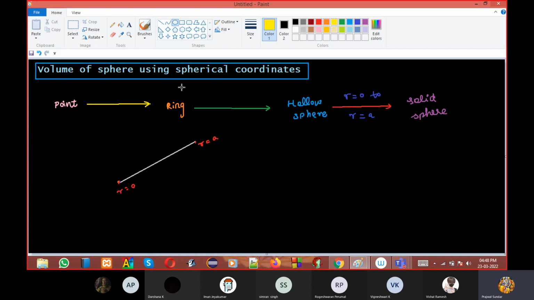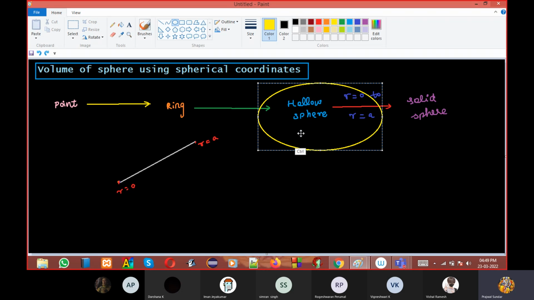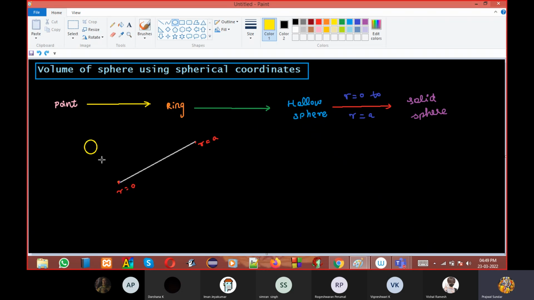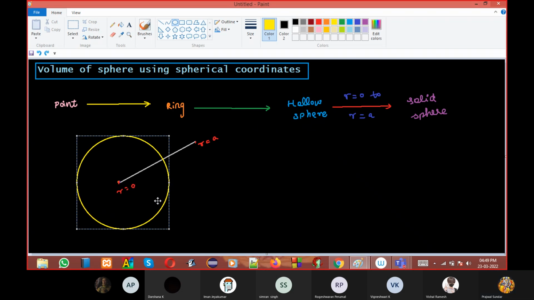Okay, I understand, but the question is how are you drawing the hollow sphere? How did this come? For that we need to take an example of a hollow sphere. Now I'm saying how to construct this hollow sphere. I'm drawing the z-axis.